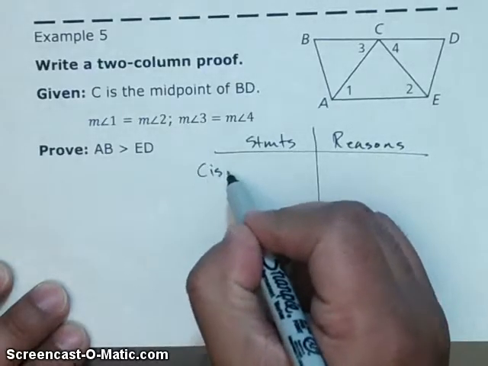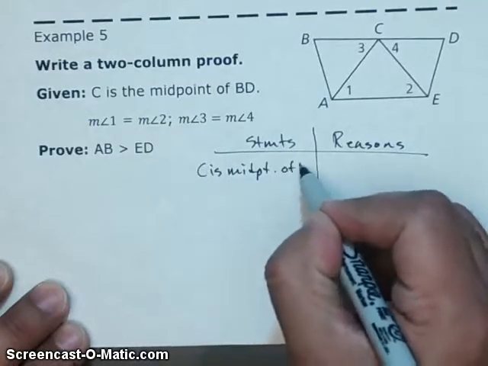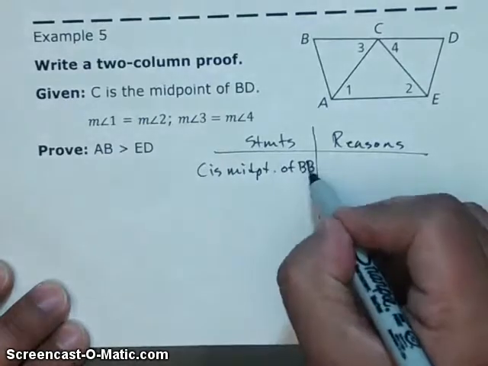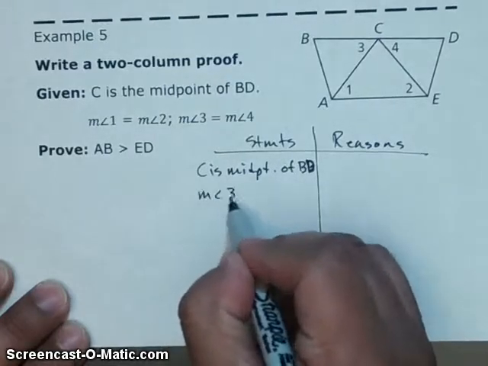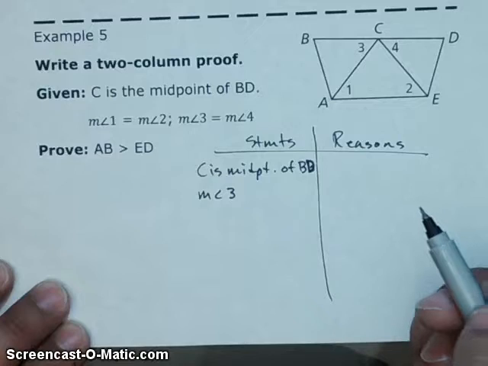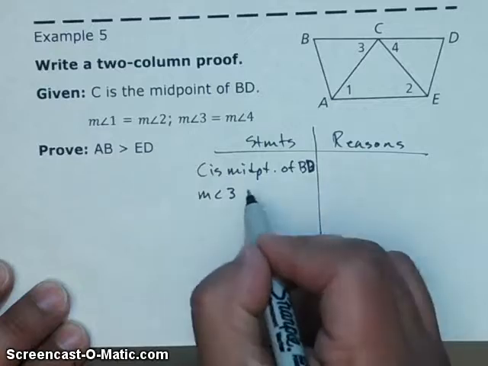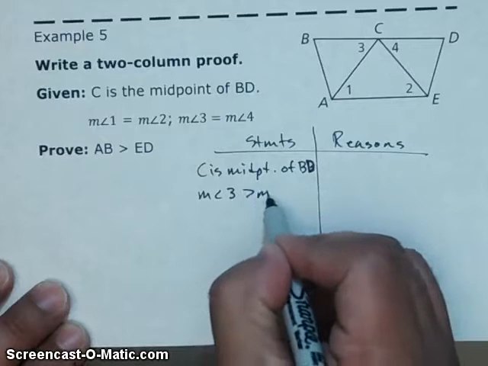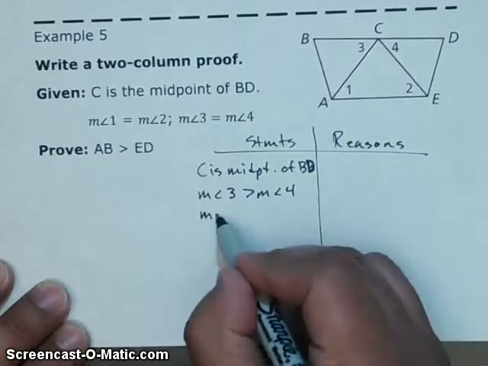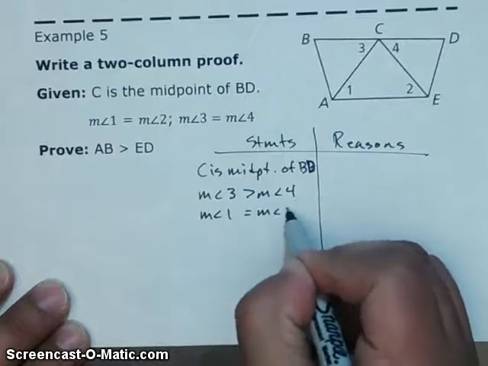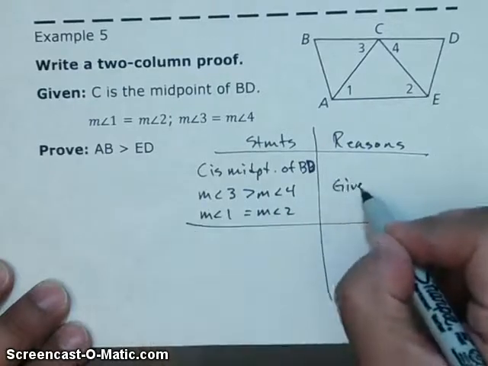We know C is the midpoint of BD. We know the measure of angle 3 is greater than the measure of angle 4. And the measure of angle 1 is equal to the measure of angle 2. All that is given.